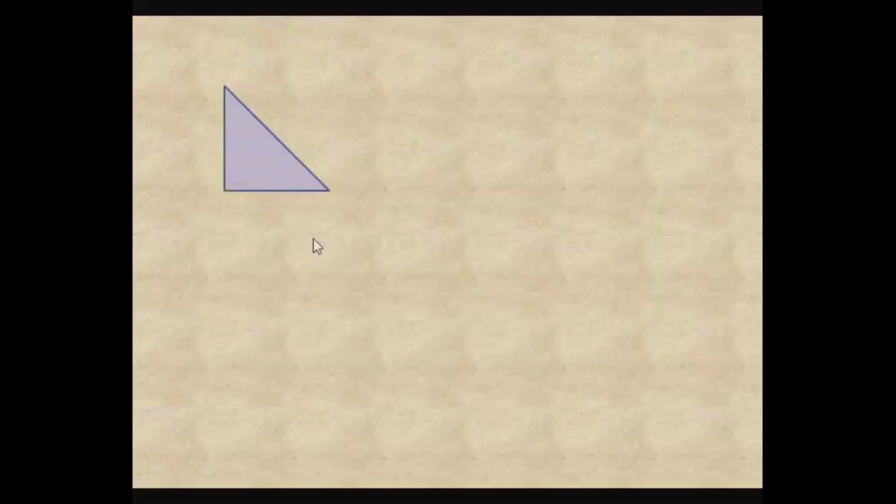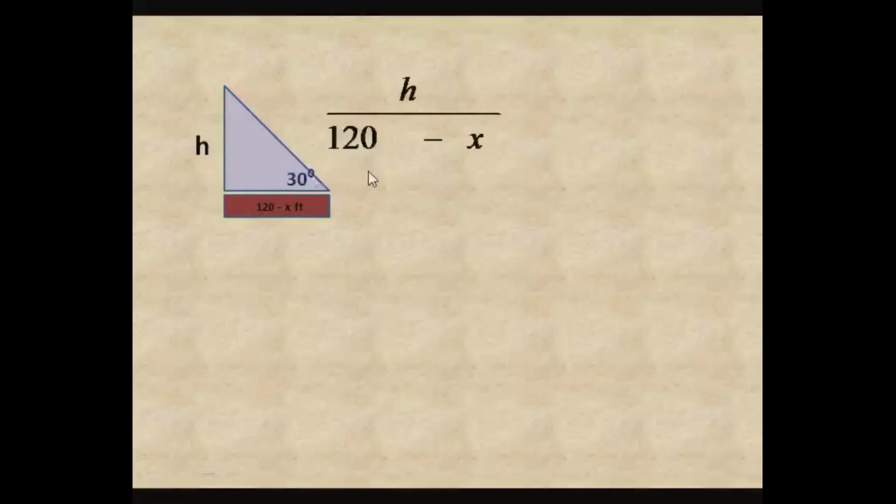See, I am considering first the triangle with 120 minus x feet distance, this height, and angle of elevation 30 degrees. The required side is height h; opposite by adjacent is equal to tan 30 degrees.